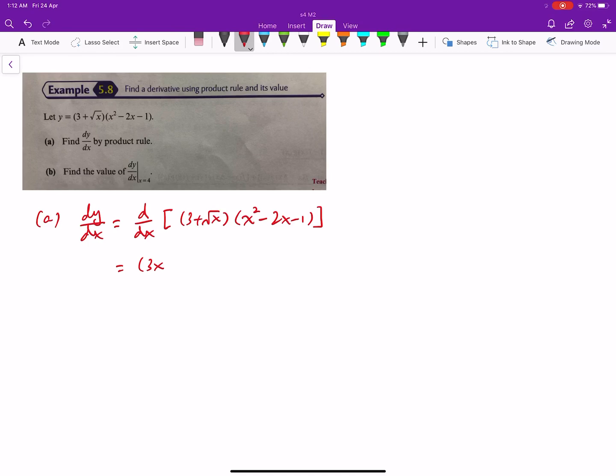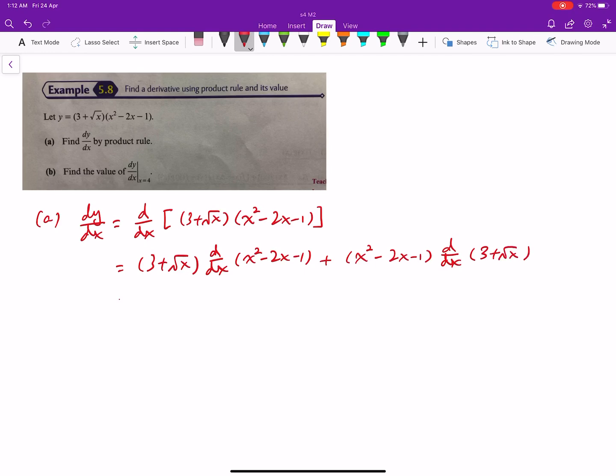Here I don't use the color. I hope you can read my steps. We get the first one, and then we differentiate the second one, while the next one is we keep the second one, and then we differentiate the first one.